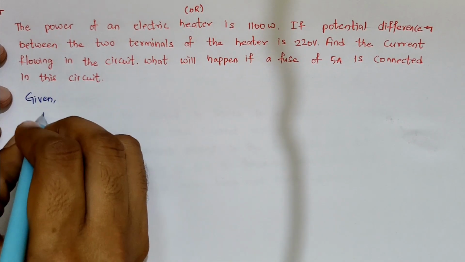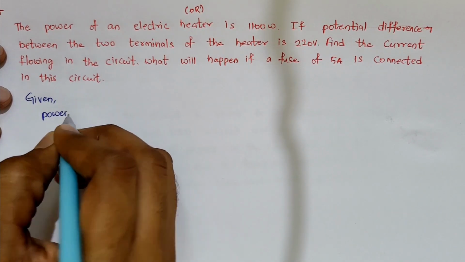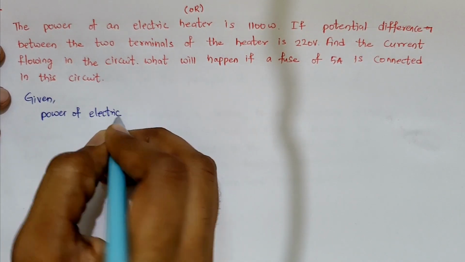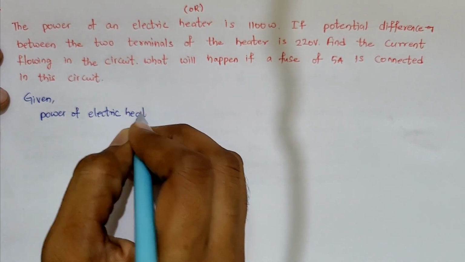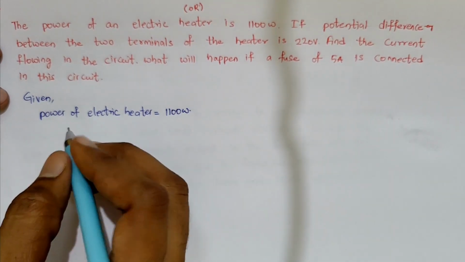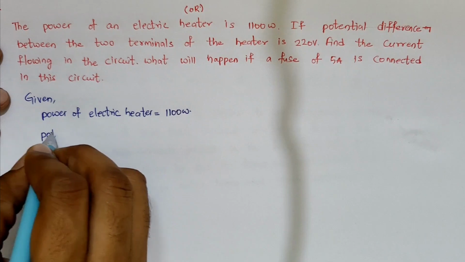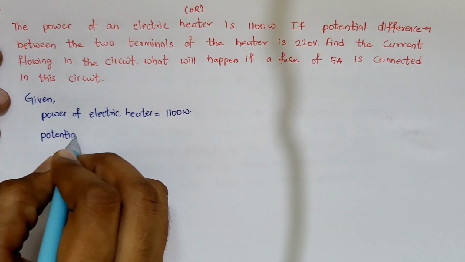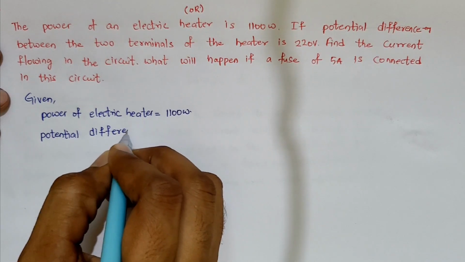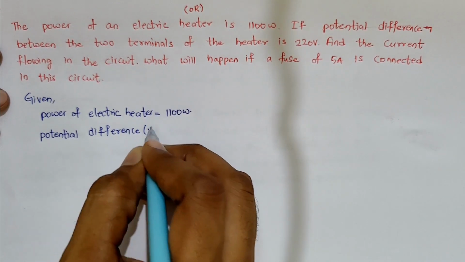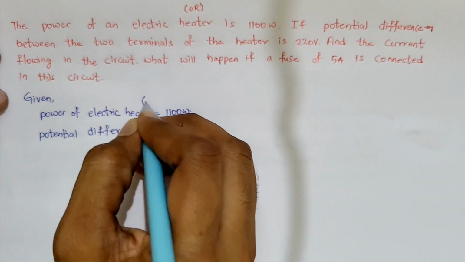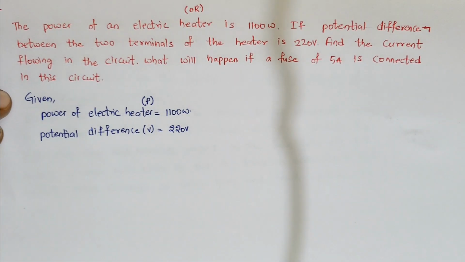Given: power of the electric heater is equal to 1100 watts. Potential difference V, that they gave us, is 220 volts, and electric power represented by P is equal to 1100 watts.